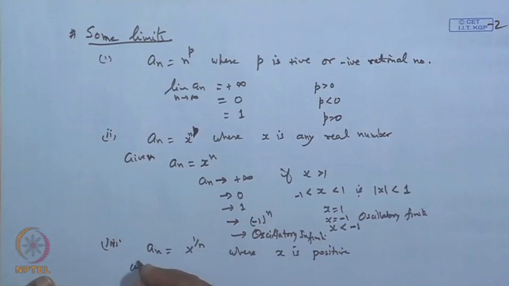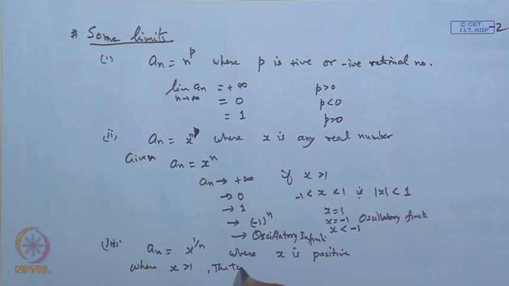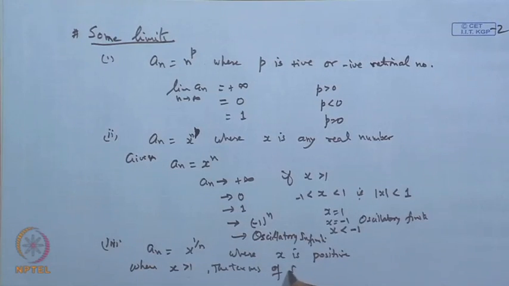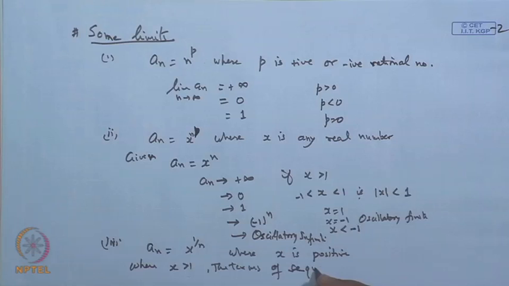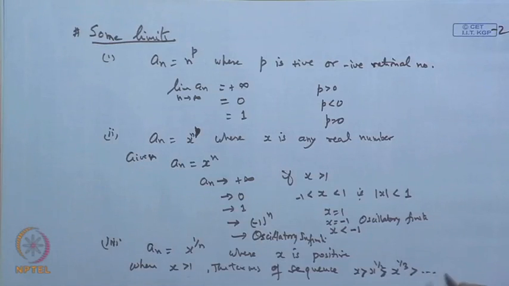The terms of the sequence are x, x to the power half, x to the power 1/3 and so on. These satisfy x is greater than this, x to the power half is greater than this, and all the terms are greater than 1.